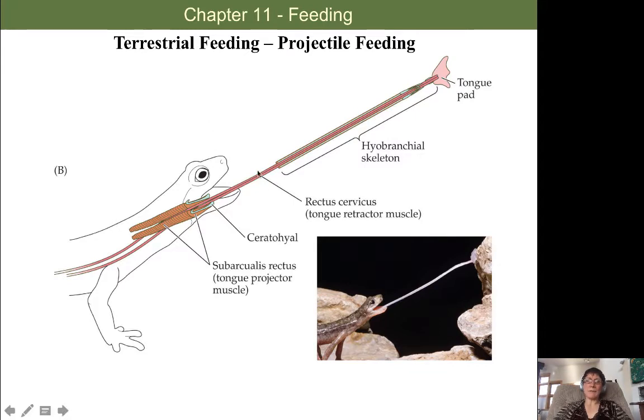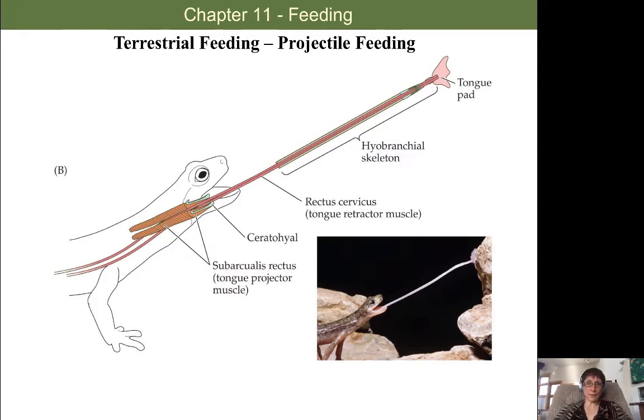In salamanders, even if they don't stick out their tongue very far, when they do, they're extending out the hyobranchial skeleton. You can see it animated right here, sort of a cartoon form. So they are extending part of the hyoid apparatus when they extend their tongues in salamanders.